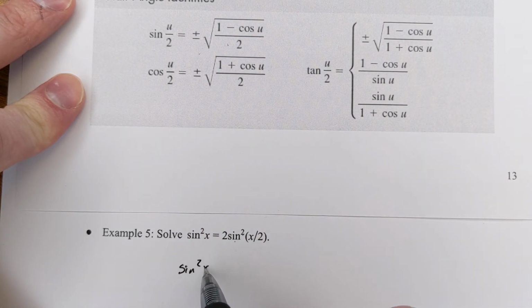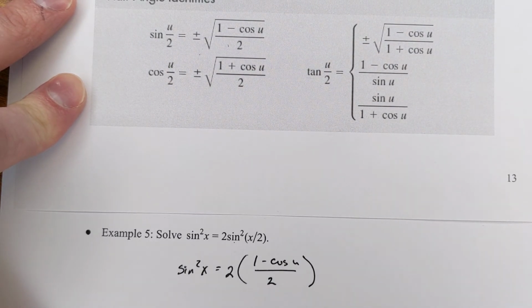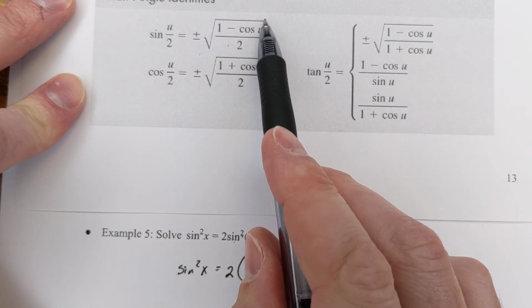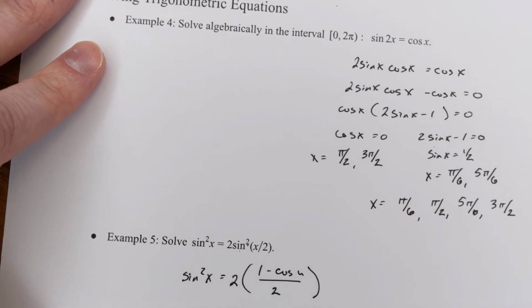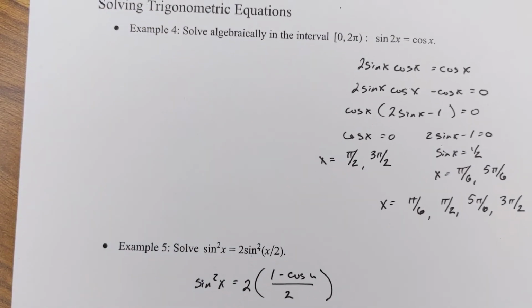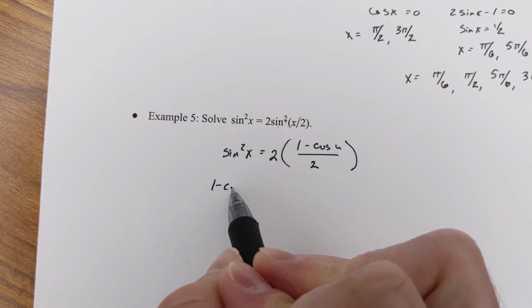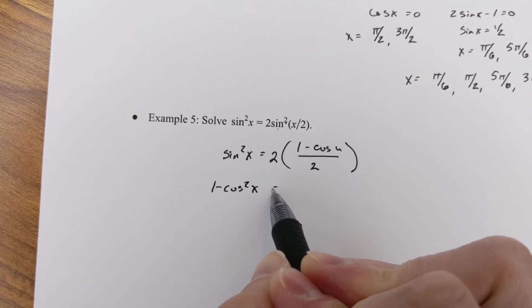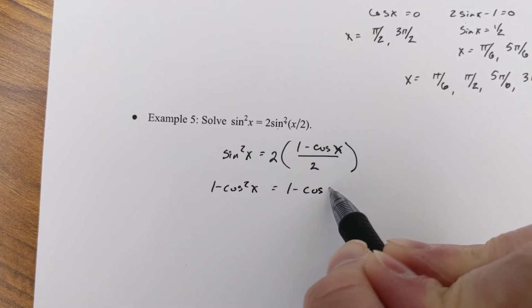So sine squared of x over 2 equals 1 minus cosine x over 2, because the square cancels that root out. Since I have cosines on the right, I'm going to turn the left-hand side into cosines as well. I'm going to use a Pythagorean identity, which gives me this, and this just becomes 1 minus cosine squared x.